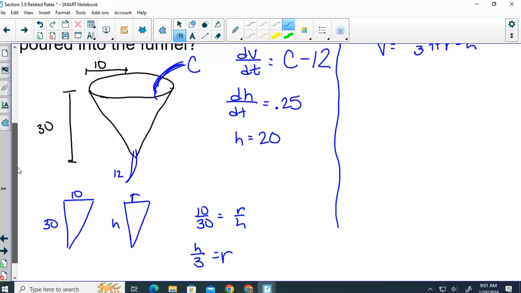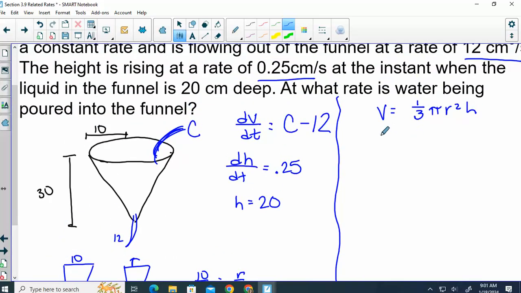So I'm going to replace this r and simplify as much as I can before I do my derivative. So 1/3 pi, I'm just going to write that as pi over 3. My radius is always the h over 3 squared times h. So this would be h squared over 9. So pi over 3 times h squared over 9.